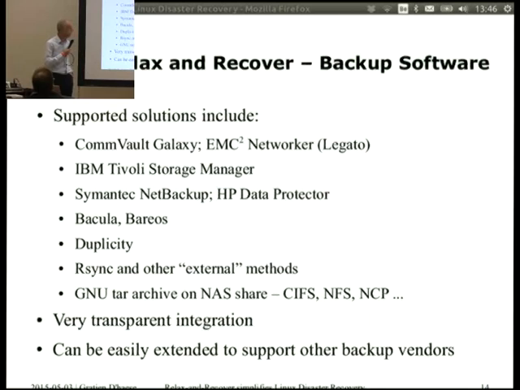rsync is also one of my favorites, pure rsync, and then of course, which a lot of customers are using, the tar combination with an NFS filer, and then they store a lot of gigabytes of data on the NAS. Other customers prefer a commercial solution because they already have that in place for the full backups, and then they only make the rescue image and put it on the NAS, or even make the backup inside their commercial solution.